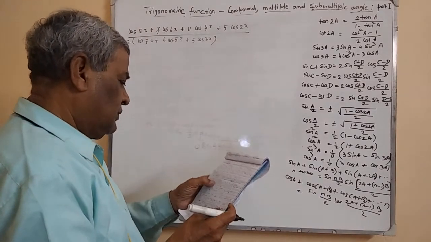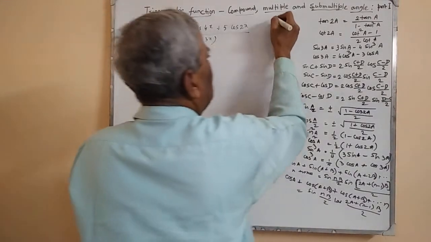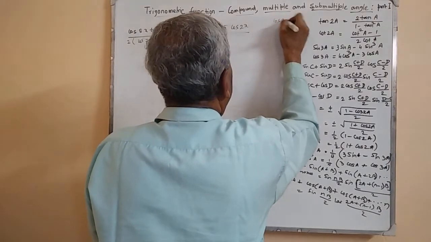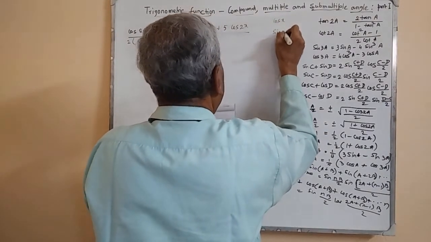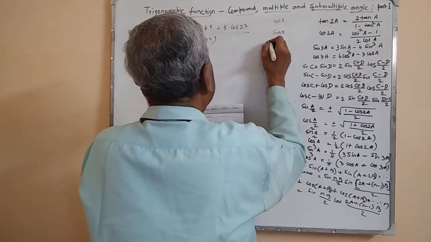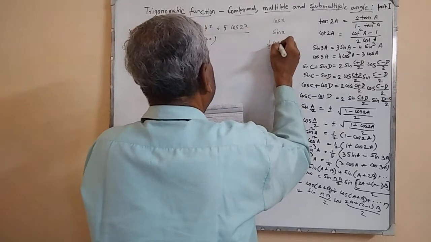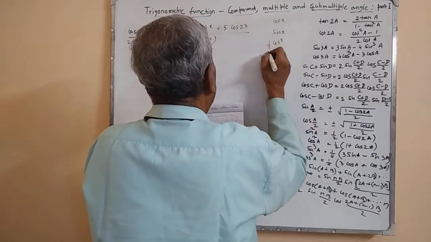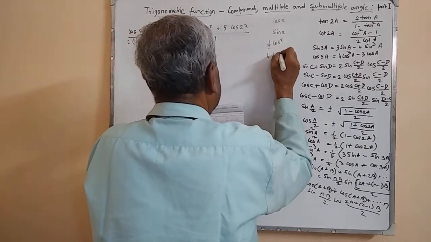Its value is, options: cos x, sin x, half cos x, 4 cos x.